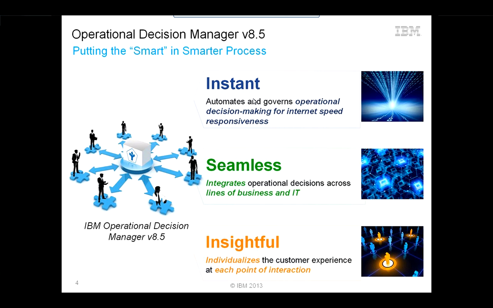And the core capabilities in smarter process are about how we make the business automated and work efficiently. BPM provides the ability to navigate and automate your process integration, business processes, business flows, and case management. FileNet will provide a case management service.